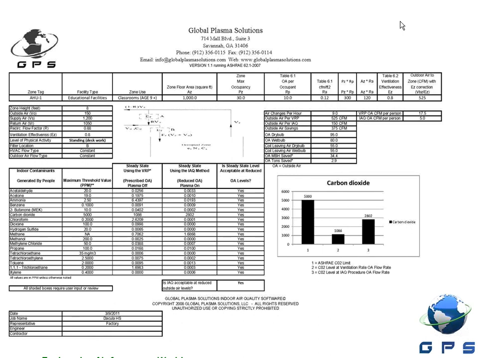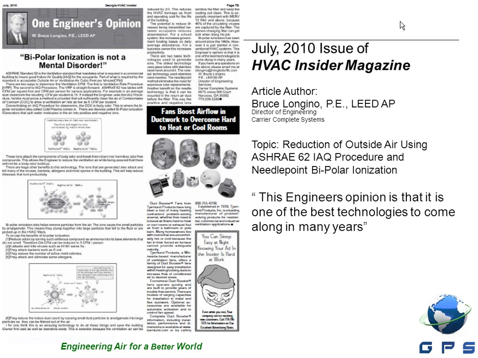It's basically an Excel spreadsheet with drop-down menus. Instead of doing it for a building, though, you're going to do it by zone. It's going to automatically plug in the pollutants suspected to be in that place and what the GPS can do to get rid of it. So there's really no calculation on your part. It's already done for you.